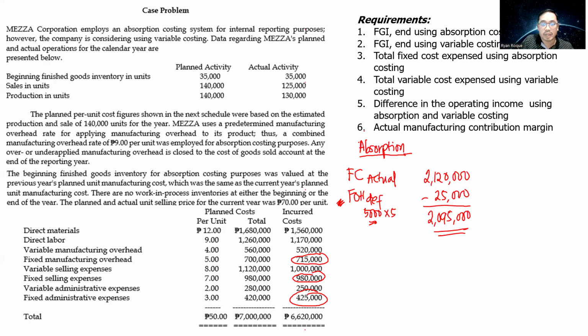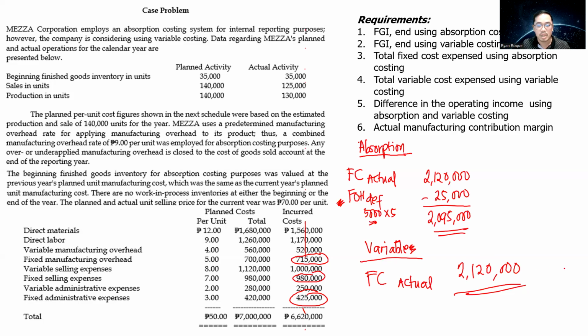But if we are asked under the variable costing method, how much do we expense? The entire fixed cost incurred, or the actual of 2,120,000, would be expensed immediately because under variable costing method, all FOH would be expensed immediately.